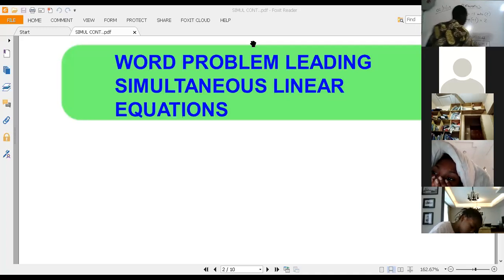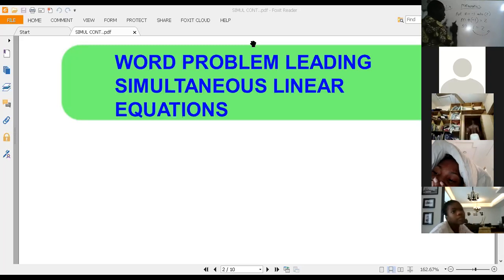The next thing is to find the value of m. So we have m minus 1 equals 2. Now the 1 moving to the right hand side of the equation will turn to positive, or you can say add 1 to both sides, all mean the same thing. Then you have m equals 2 plus 1. m equals 3. So you have your n to be minus 1 and your m to be 3.